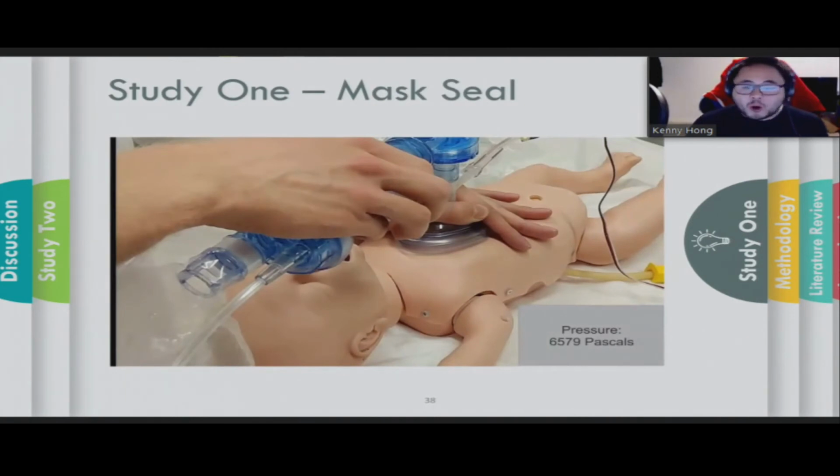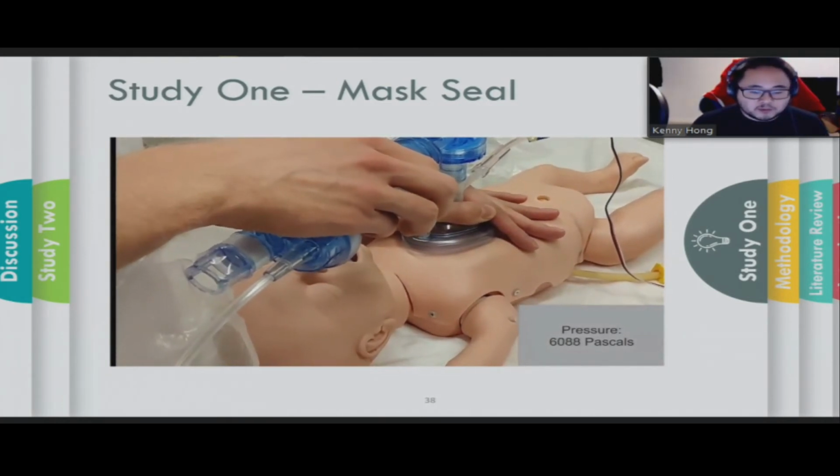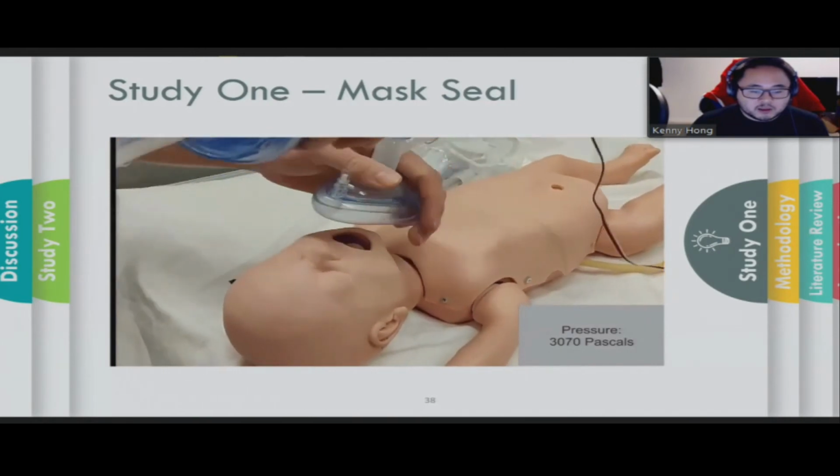One of the possibilities was the mask seal. The baby that we used, as well as the mask that we used, may not be the most comfortable tool. So there may have been some leaks.